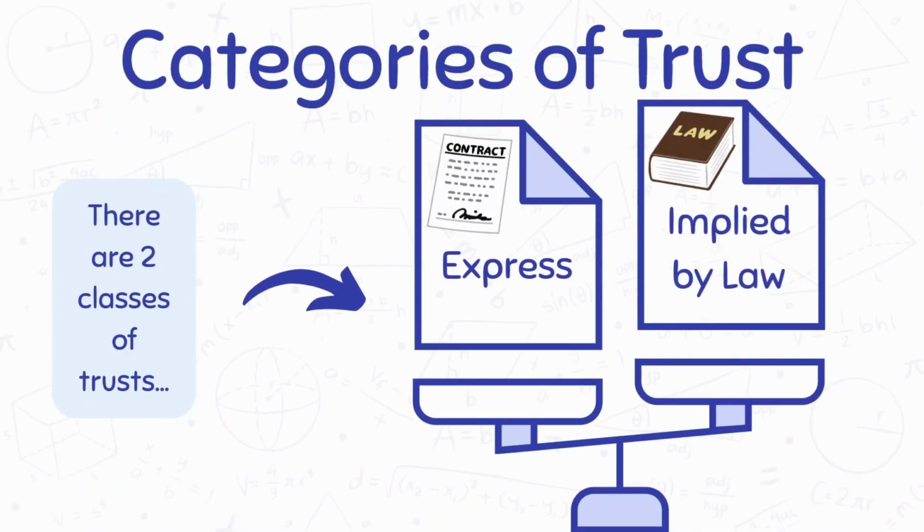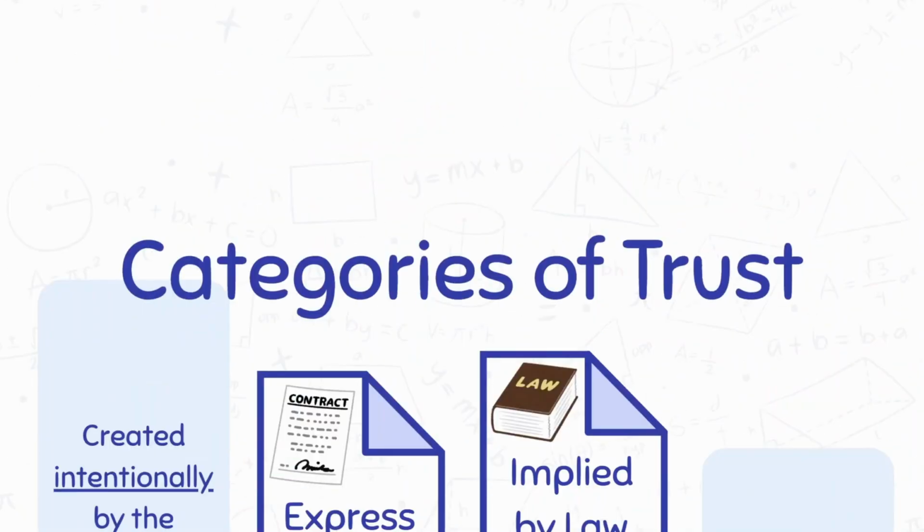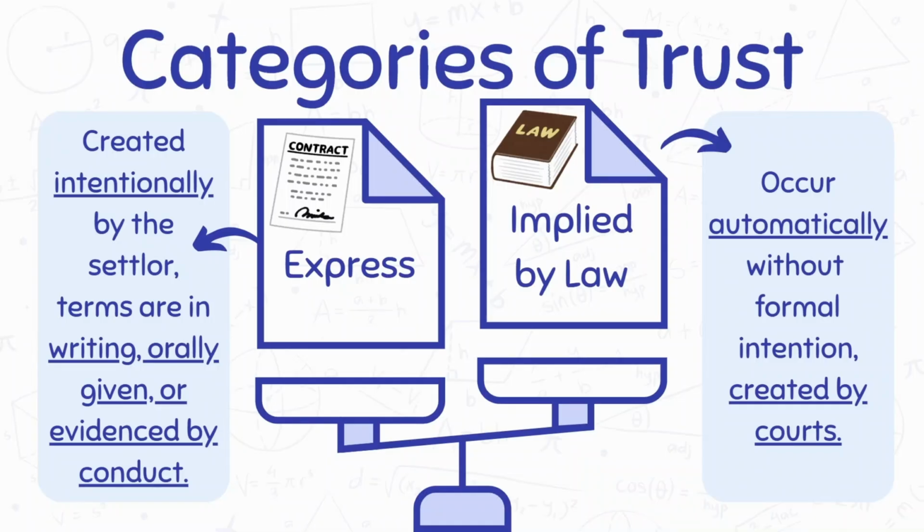Right, now let's touch on the categories of trusts. So these are express and implied. What do I mean by this exactly? Well, express trusts are trusts that are created intentionally by a settlor, where the terms of the trust are set out in writing, or they're given orally, or they're evidenced by the conduct of the parties themselves.